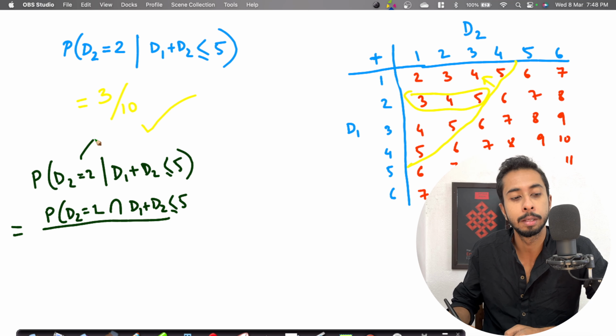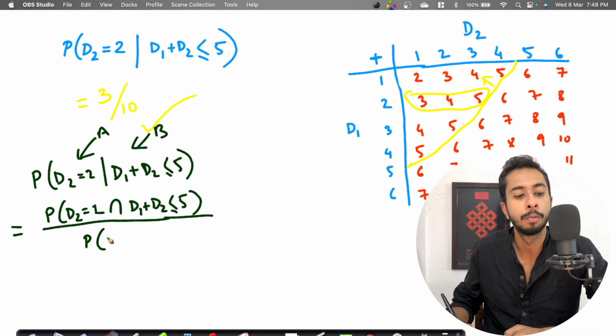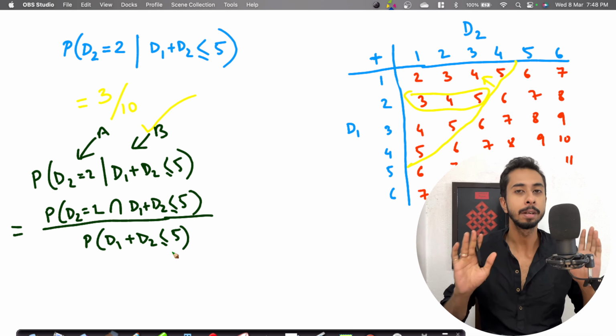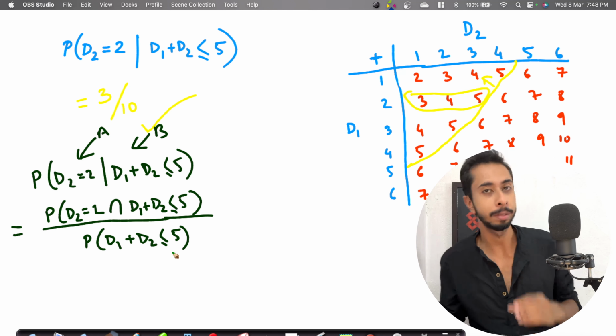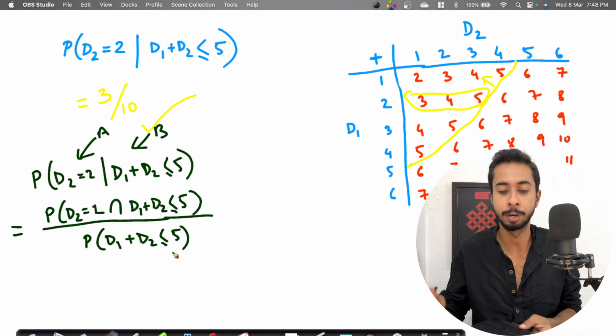Let's say this is event A, this is event B. Then this is the formula, right? The probability of A intersection B divided by the probability of B, which is D1 plus D2 less than or equal to 5. Isn't it? This is what my conditional probability says. Definition of conditional probability, right?